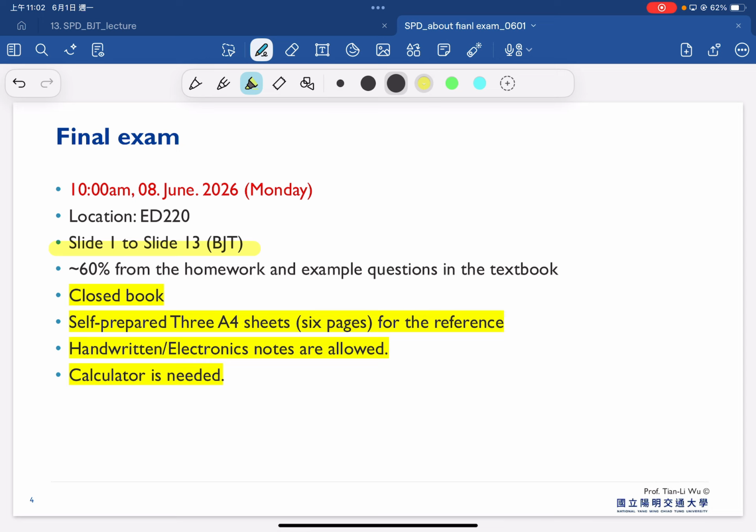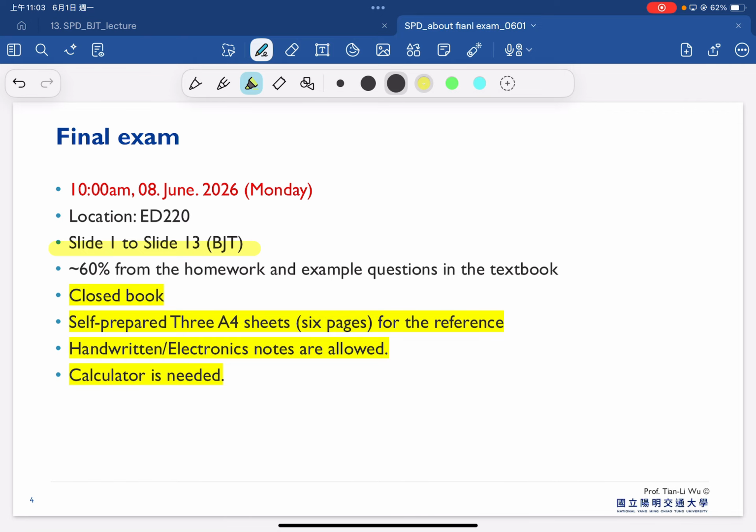So I think it's difficult to devise a range only after the midterm, because in the end, if you can understand the BJT, basically you can understand everything. If you understand the MOSFET, you can understand everything in this class. So the final exam will cover the whole range of the lectures from the beginning till today, till the end of the BJT.